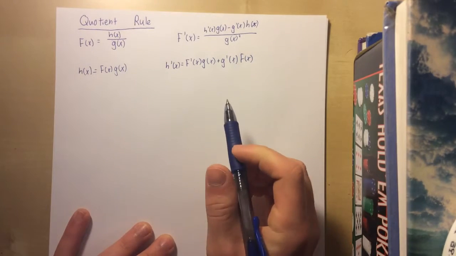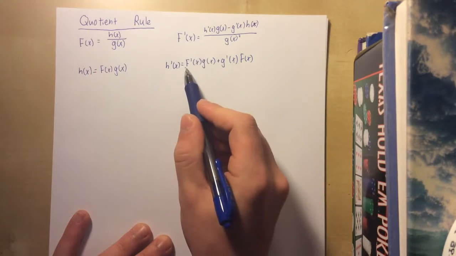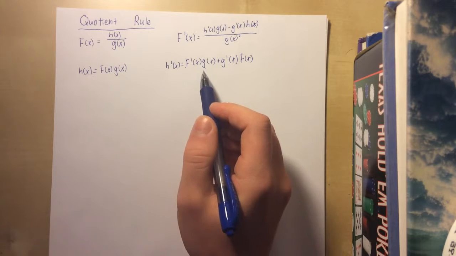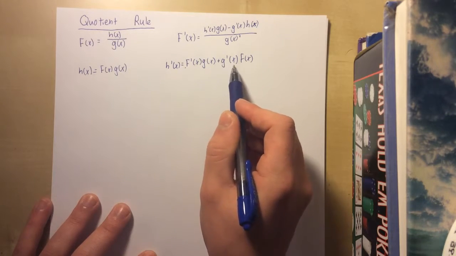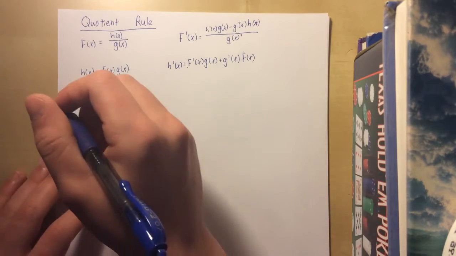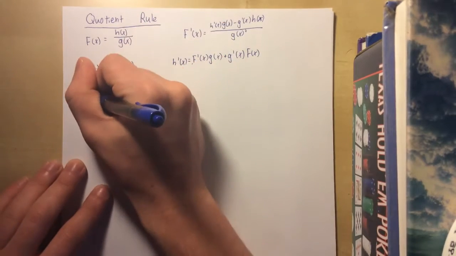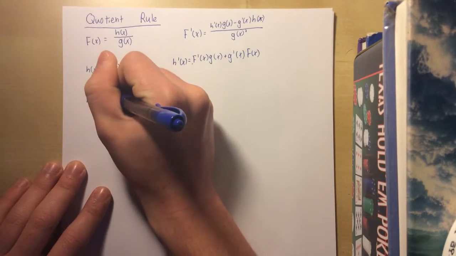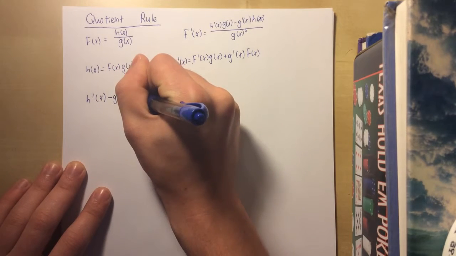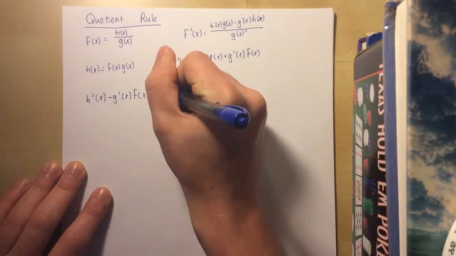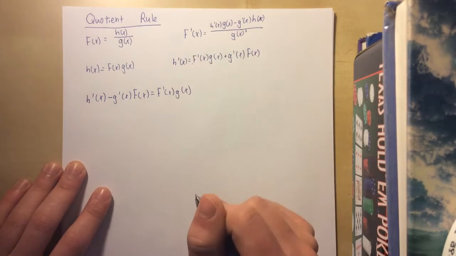And now what we're going to try and solve for is this derivative, because that's what we want to find out, what f prime of x is. So we're going to try and solve for this f prime of x. So I'm going to subtract both sides by g prime of x, f of x. So what we get is h prime of x minus g prime of x, f of x, and that's equal to f prime of x, g of x.